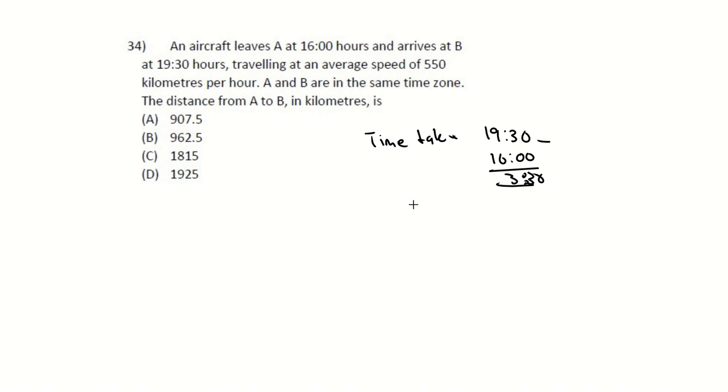They told you the average speed, so your speed is your distance over time. They told you that my speed is 550, my distance we don't know, and my time I want to put in hours.